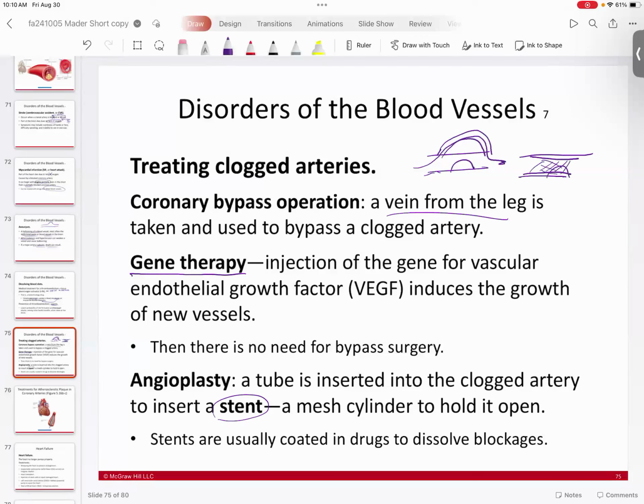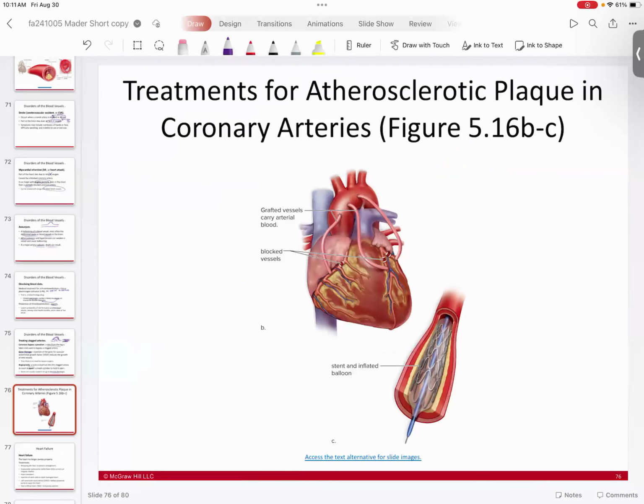And so it's kind of hollow. And what this does is it holds the artery open and allows the blood to flow through the stent. And so it'll oftentimes also dissolve blockages because they'll have medication on them to dissolve those blockages.